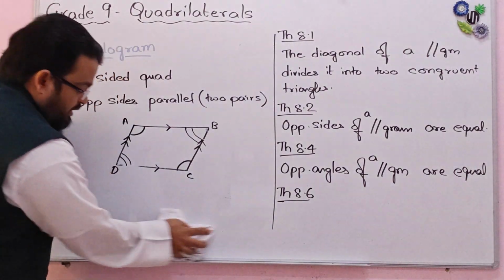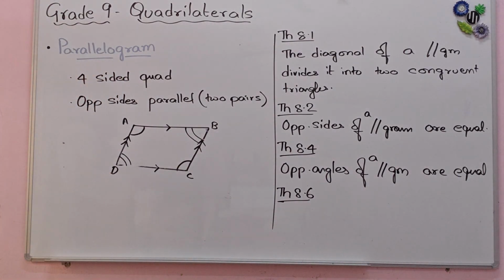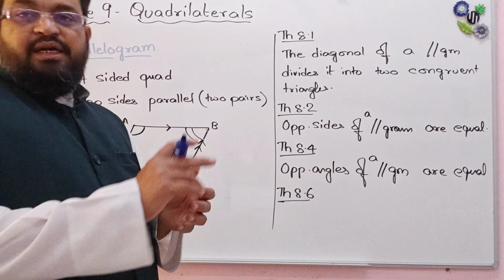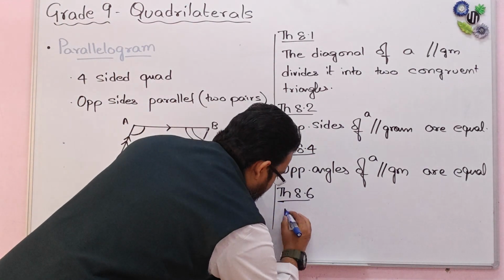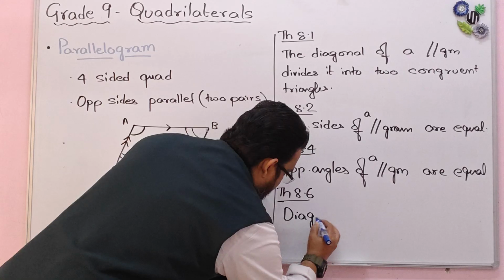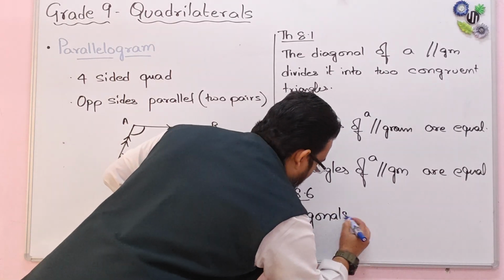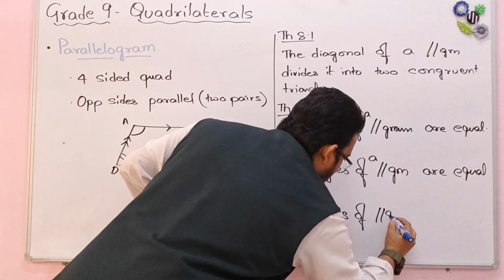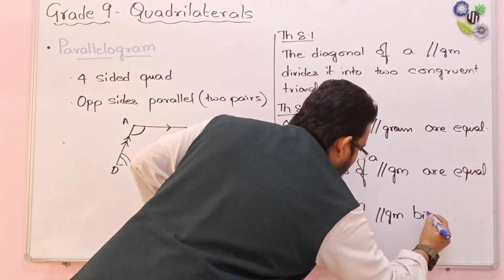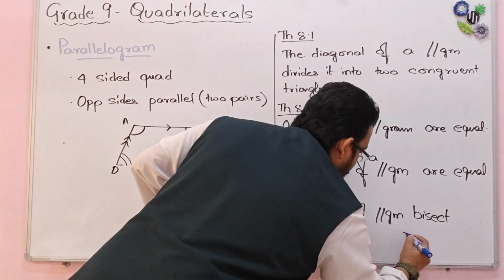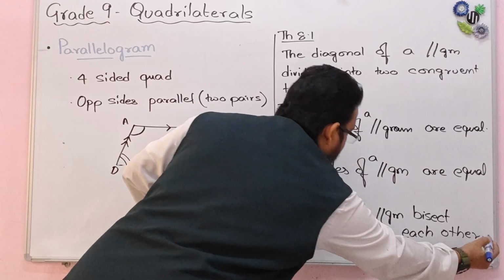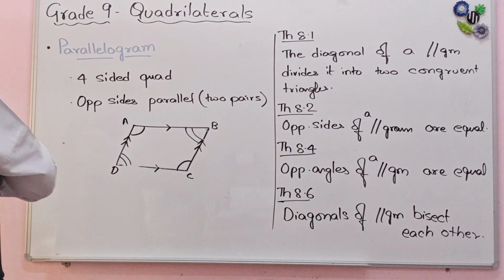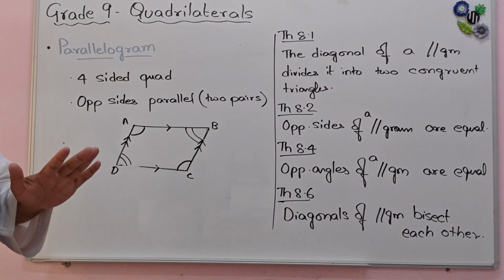Now let us see the next property, stated in theorem 8.6. What is this? The diagonals of a parallelogram bisect each other. Please try to understand that the diagonals of a parallelogram only bisect each other.